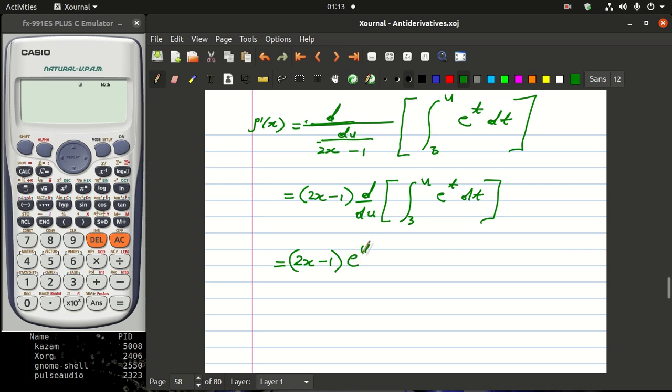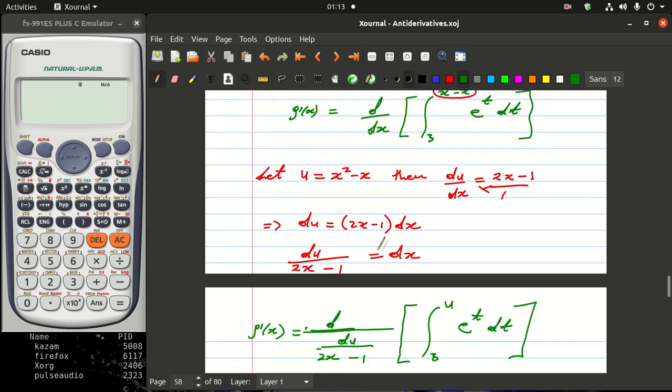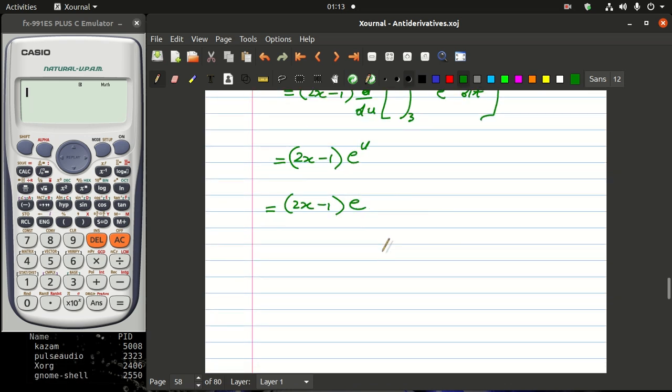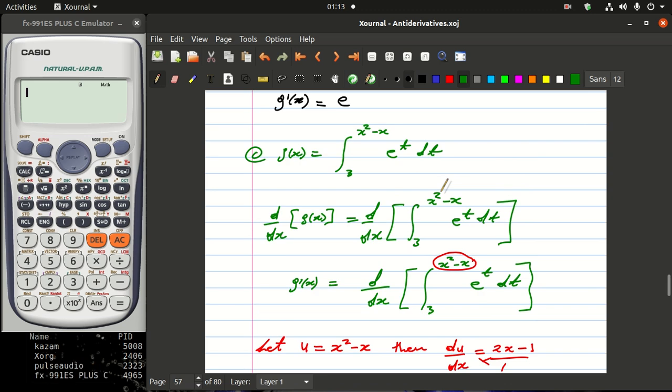I'm going to plug in a u, and of course this is going to be 2x minus 1 e. What was our u? You go back. Our u was actually x squared minus x. So you will end up having x squared minus x. So that is actually the solution to number C.